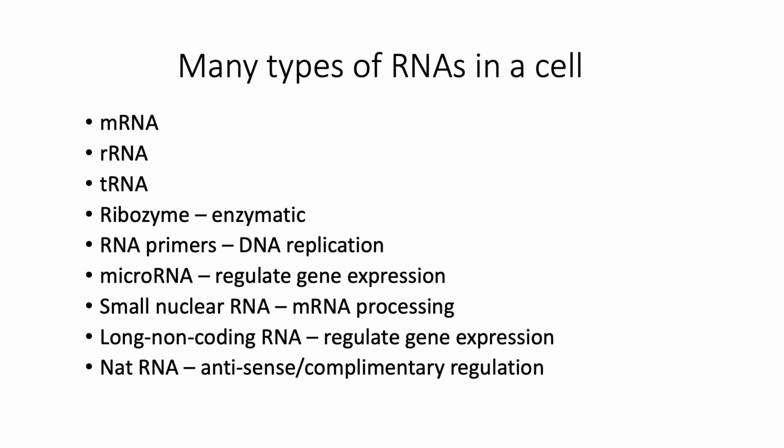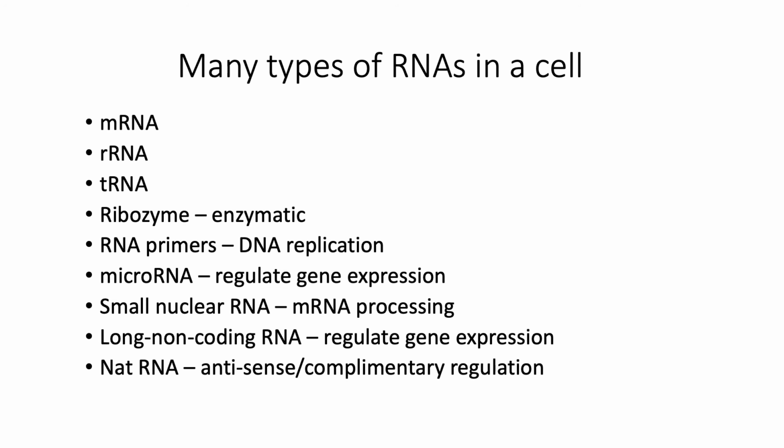and it turns out there are many, many types, as I mentioned at the beginning, many types of RNAs in the cell. There's messenger RNA, there's ribosomal RNA, there's transfer RNA. We've heard tons about these. There's ribozyme, which is enzymatic, can cut other RNA molecules. RNA primers, which are used in DNA replication. There's what are called microRNAs, which are small RNA molecules that can regulate gene expression. There's small nuclear RNAs involved in mRNA processing or splicing.